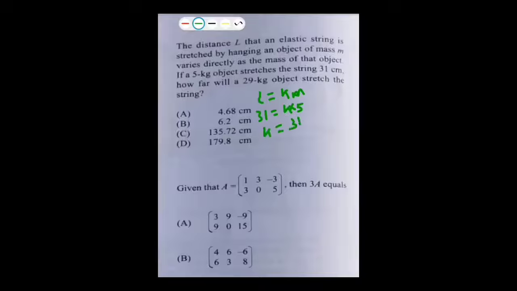So to find K, it's going to be 31 divided by 5, and simplifying that, we will have our answer as 6.2.